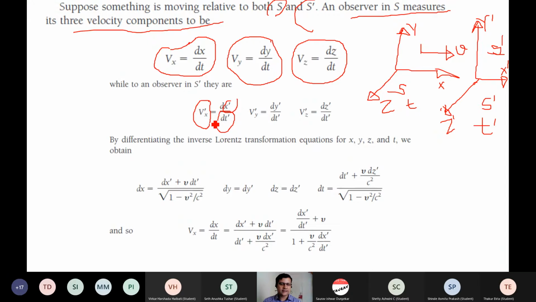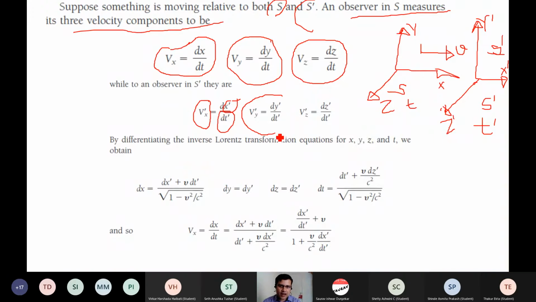So V prime x represents the x component of the velocity in the S prime frame, that you can calculate by just taking the differentiation d by dt prime. Remember, here we need to differentiate with respect to t prime. So d by dt prime of which position? x prime.